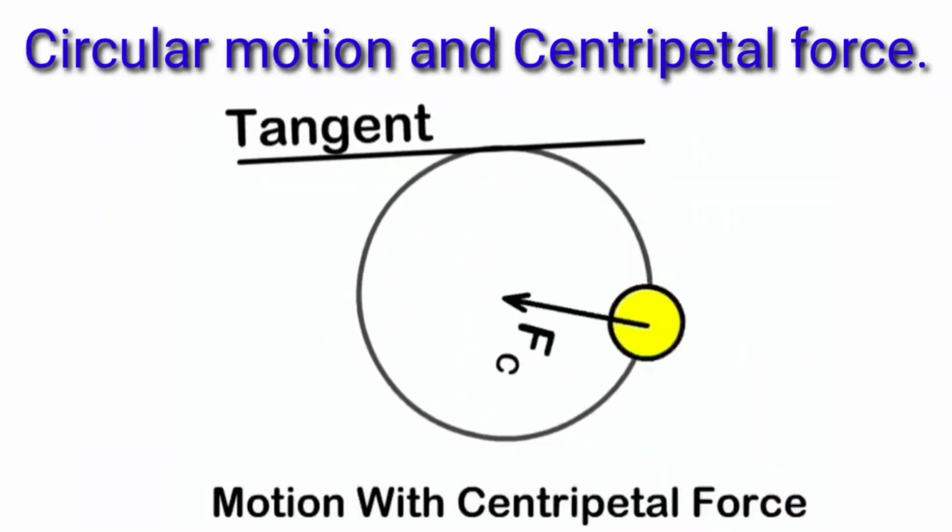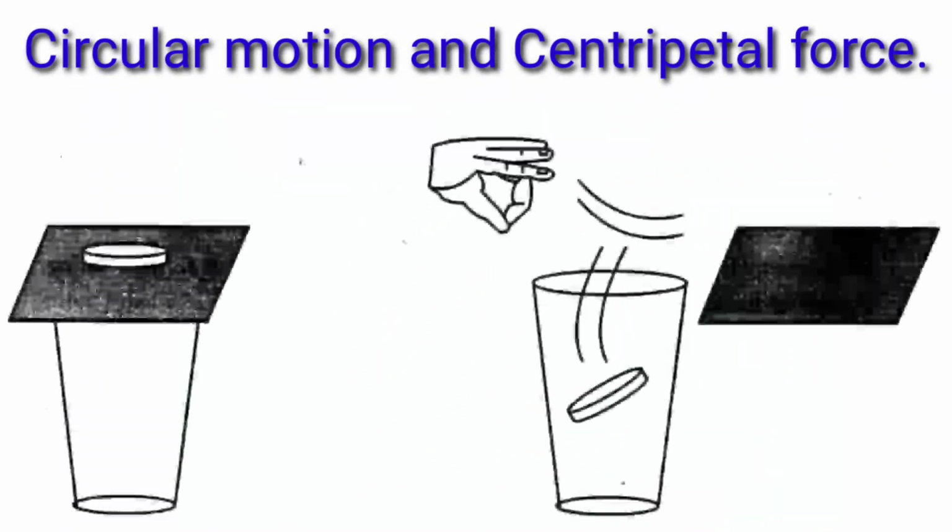You may recall that we have performed a similar activity previously in which a 5 rupee coin kept on a rotating circular disc flies off the disc along the tangent to the disc.